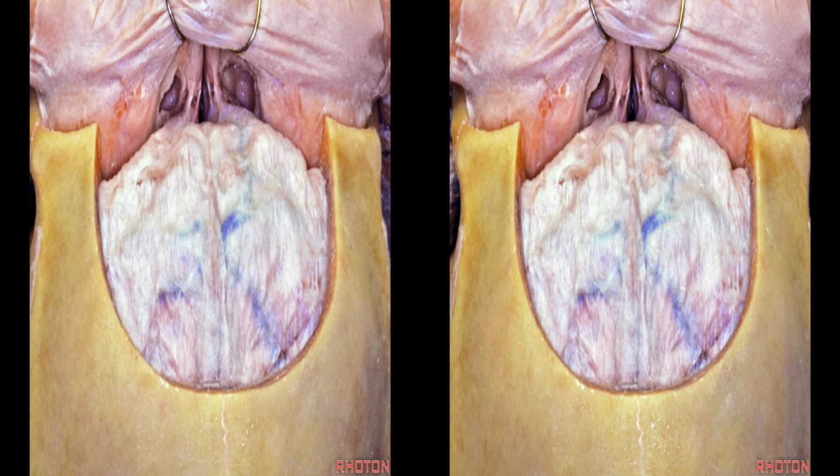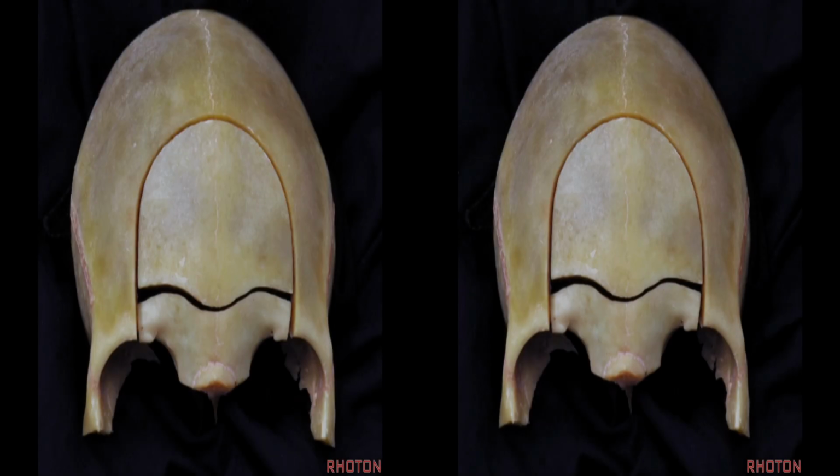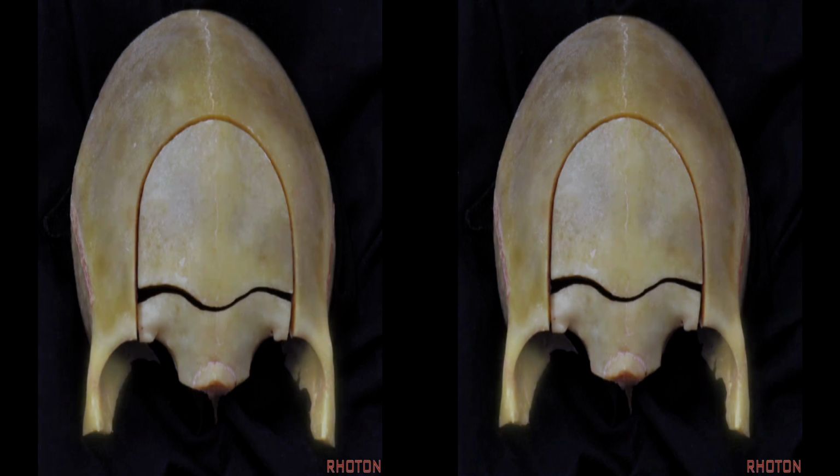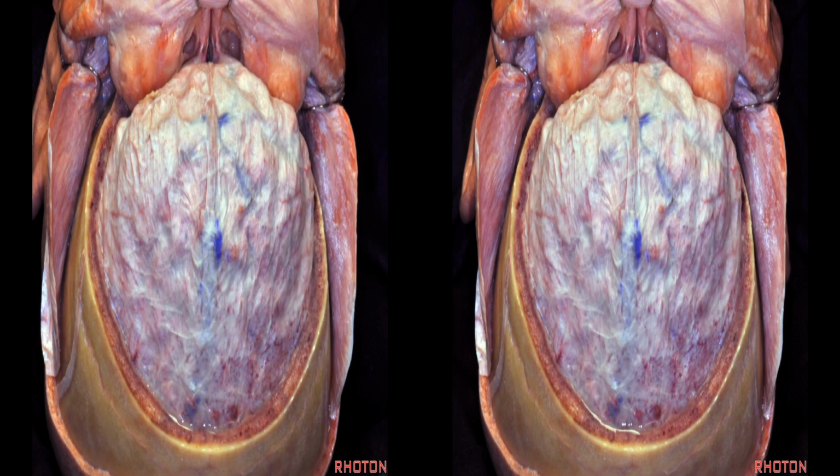And these approaches can be limited or they can be very extensive that go all the way from lateral orbital wall on one side to the opposite side and gives you access to both orbits, anterior fossa, nasal cavity.